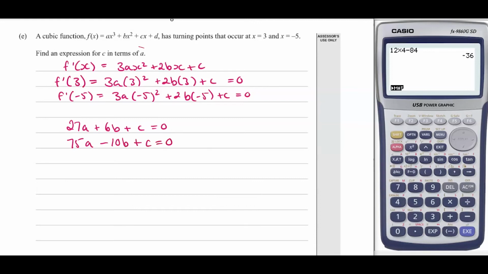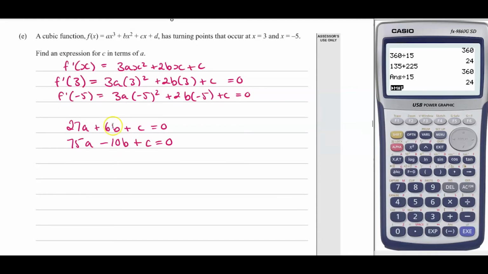Now remember, we want c in terms of a, so we want to try and eliminate the b's out of this if we're solving simultaneously. So let's see, we can multiply up. Now there are a couple of ways we can do that. Probably the most obvious one would be to make those both into 60b.